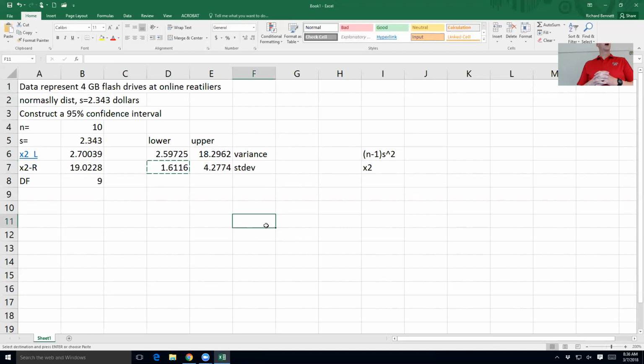Is it the same equation? I think it was just the opposite of what you said. If you know the population standard deviation, you use the z. If you don't know it, you use the t, but otherwise it's the same equation.